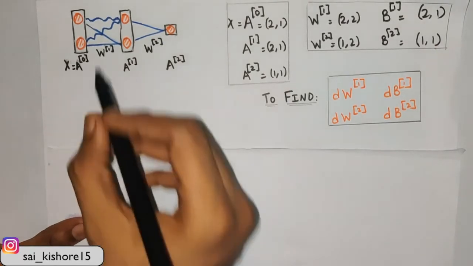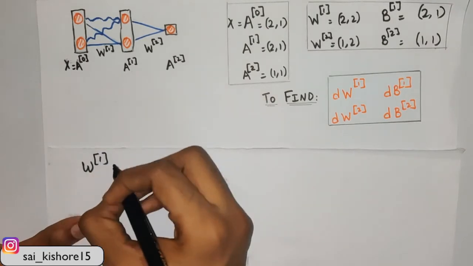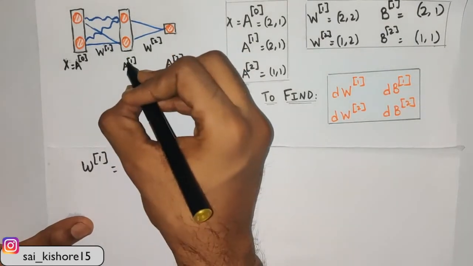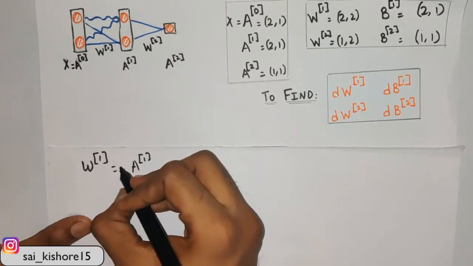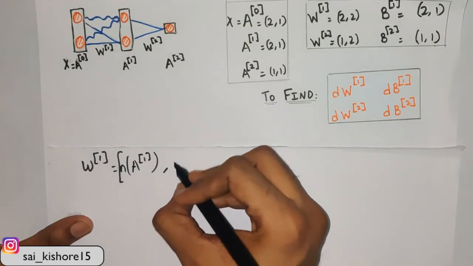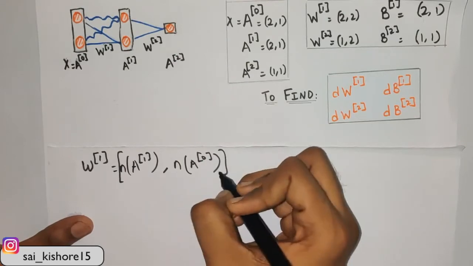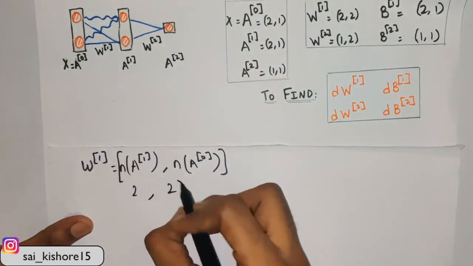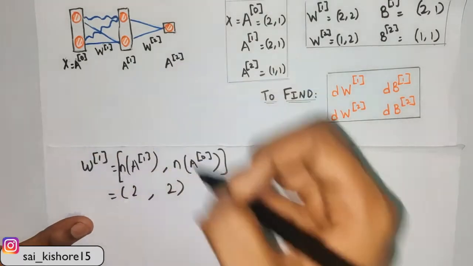To find the shape of this parameter W1, we follow a convention, which is we take the number of neurons in this activation layer, the first activation layer, and then next we want the number of neurons in the previous layer, which is layer 0. So now in this layer we have 2 neurons, and in this layer we have 2 neurons. So that is the shape of the parameter W1.